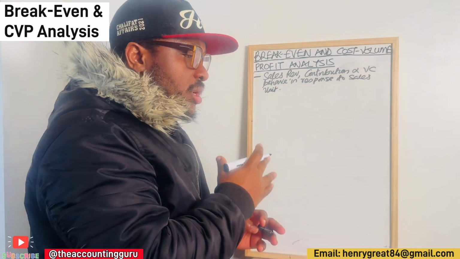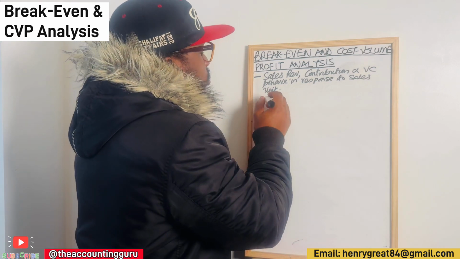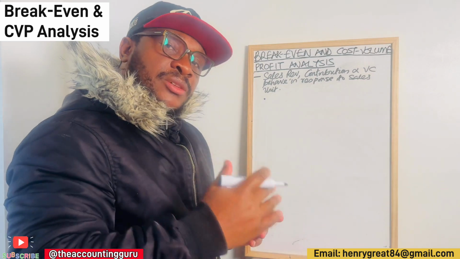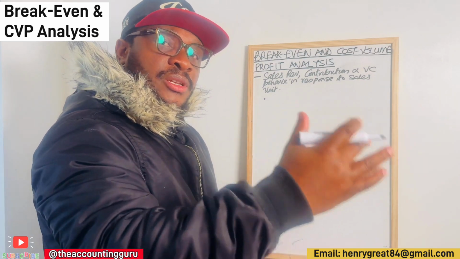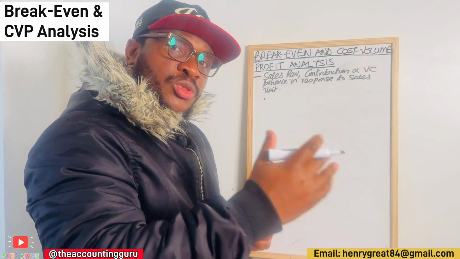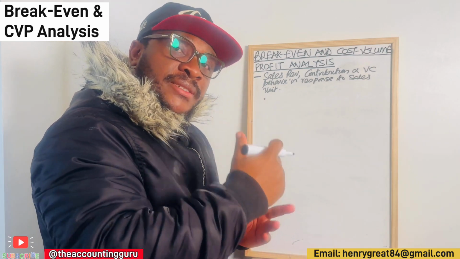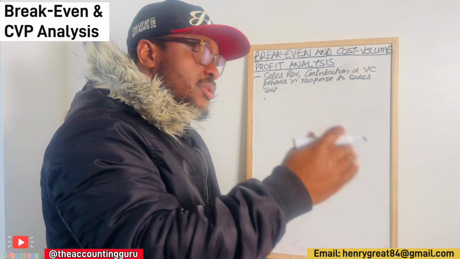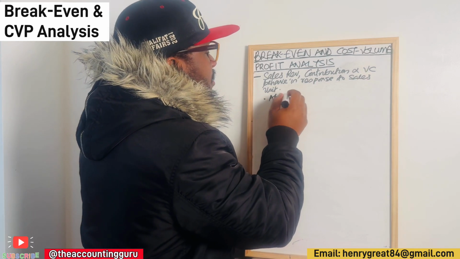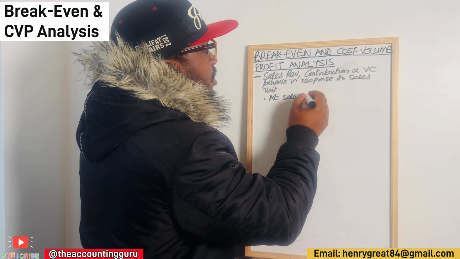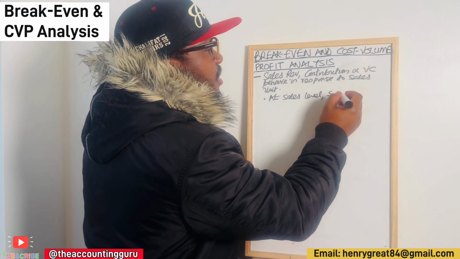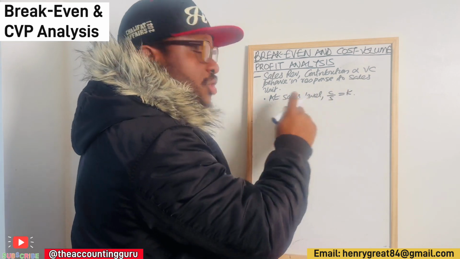Under this, we also want to confirm the fact that at different sales level, contribution to sales ratio remains the same. In other words, contribution to sales ratio, that is CMR, is constant at different sales level. That's the second thing we are looking at here. We want to demonstrate this.